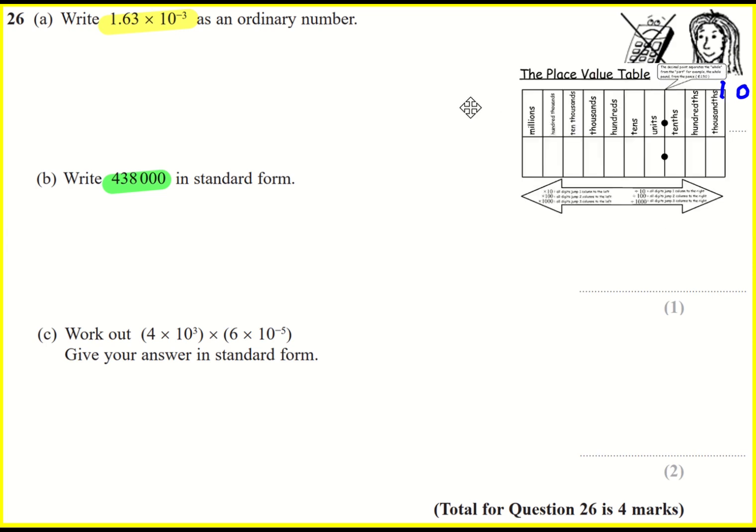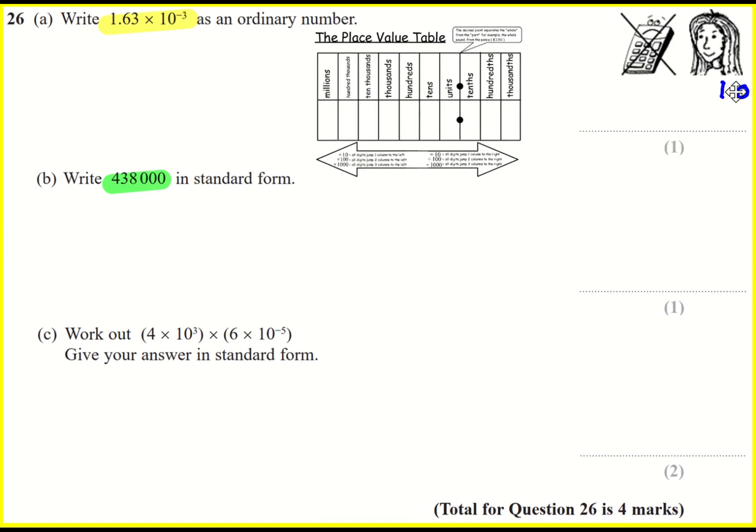Well, if we look back at the place value table, and we put 10 in the place value table, this is like 10 to the power positive 1. This would be 10 to the power 0, in other words, 1. You can see there's a 1 in the units column, 10 to the power 0. This would be 10 to the power minus 1, and obviously you'd put a 0 in front there as well.